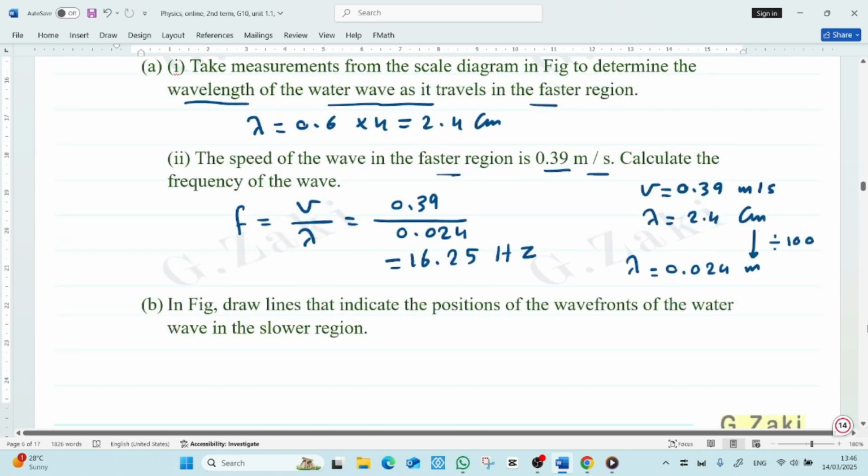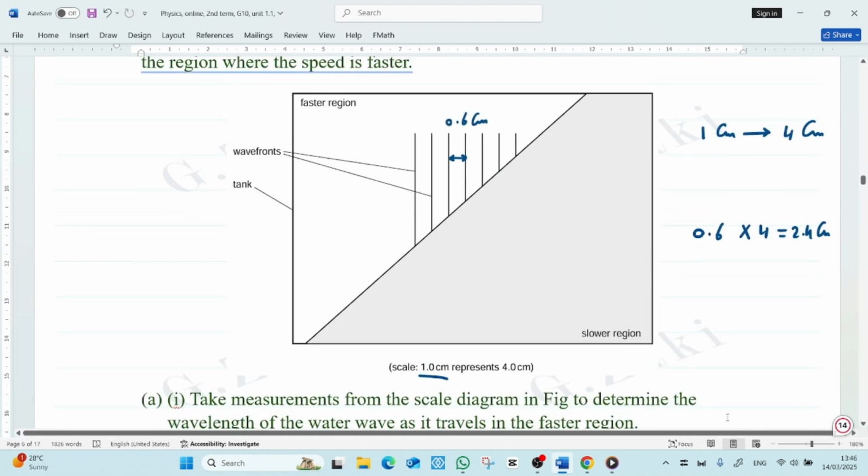Next question. In the figure, draw lines that indicate the positions of the wave fronts of the water in the shallow region. Now, in the shallow region, what will happen is the wavelength will decrease. Then we draw lines, but the wavelength will be less than 0.6. We can start from this point here, and then we draw parallel lines.